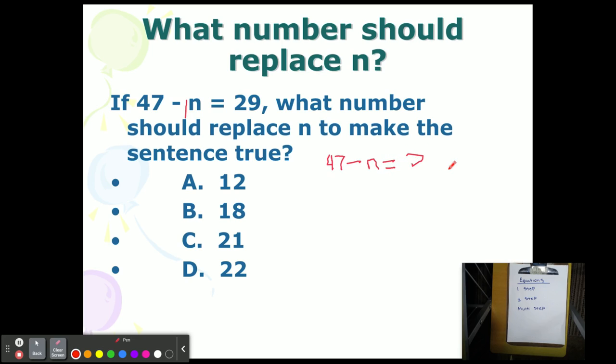Okay, since this is a positive 47, you're going to subtract 47 on both sides. Minus 47, or add the inverse of it on both sides. Minus 47 on that side, minus 47 on this side.